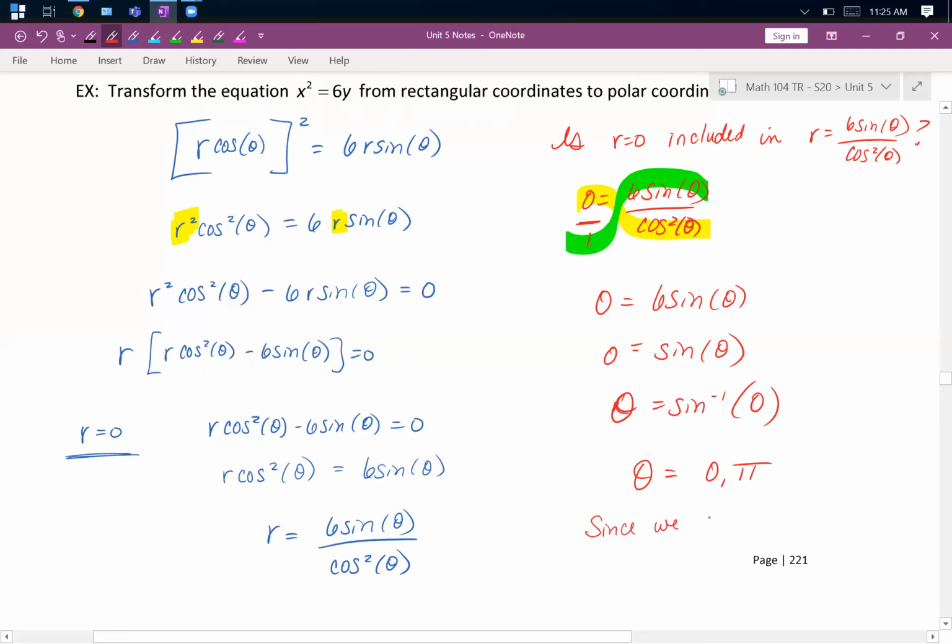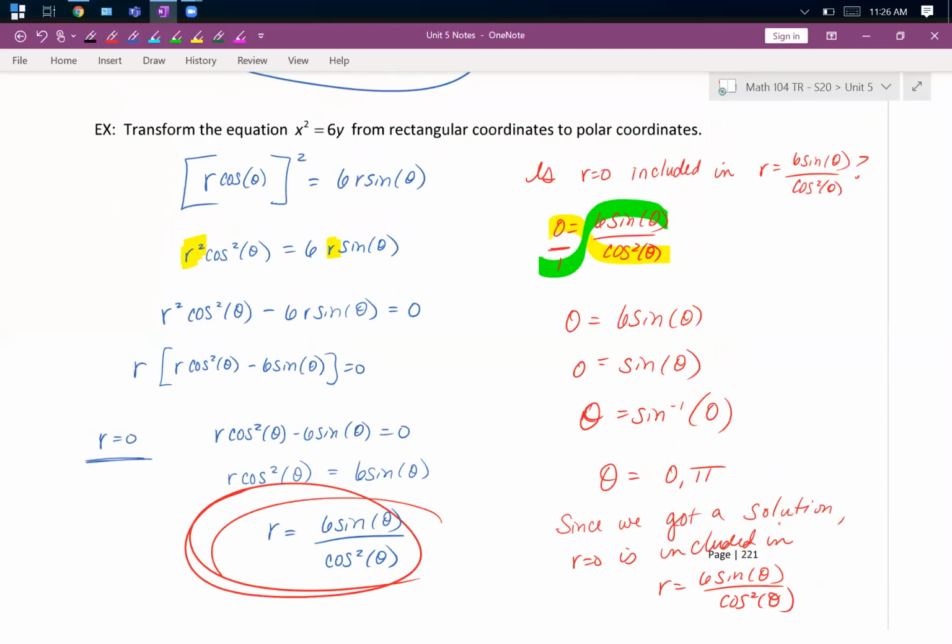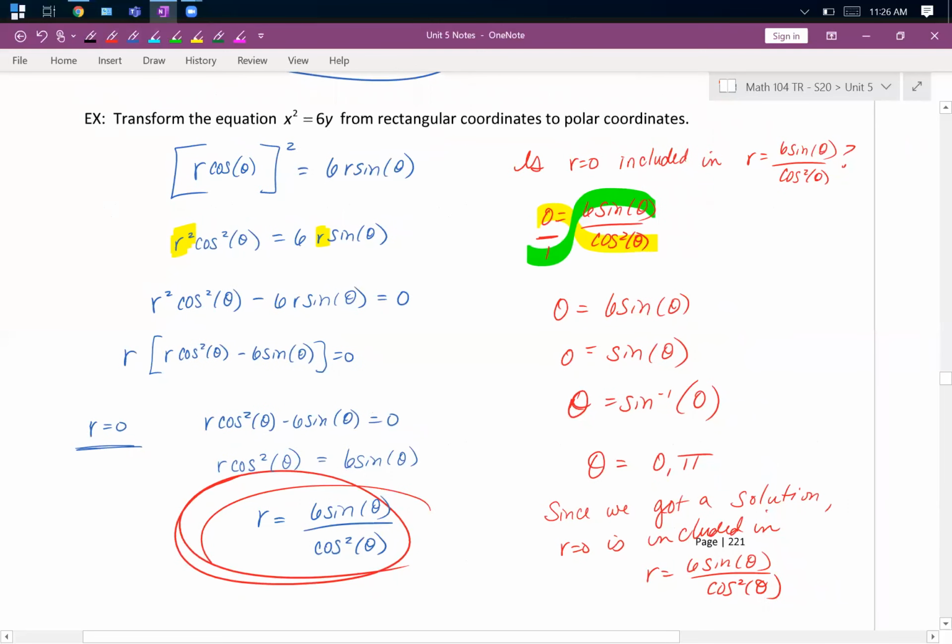Since we got a solution, r equals 0 is included in r equals 6 sine over cosine squared. So our only answer is going to be r equals 6 sine over cosine squared. Questions?